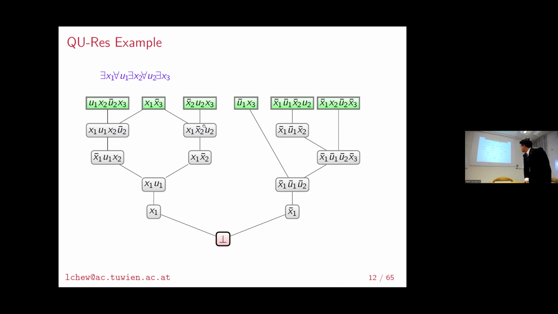Later on, for example, here, we have this x3, and this x3 is blocking this U1 and U2 from being reduced. But once you do a resolution step, you actually remove that literal. Therefore, you get a clause that can be reduced. And this is how you proceed in QU resolution. And once again, the empty clause means that this QBF is false.